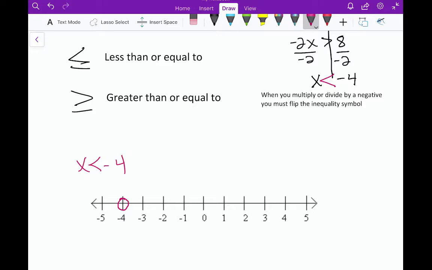And then we're going to draw an arrow where all the solutions are. So because it's less than, that's to the left. So this line represents all of the solutions to this inequality. And again, we have to say x is less than negative 4 because x could equal negative 4.0001. So it gets really close to negative 4, but it doesn't quite get to negative 4. And so that's why we have this open circle at negative 4.